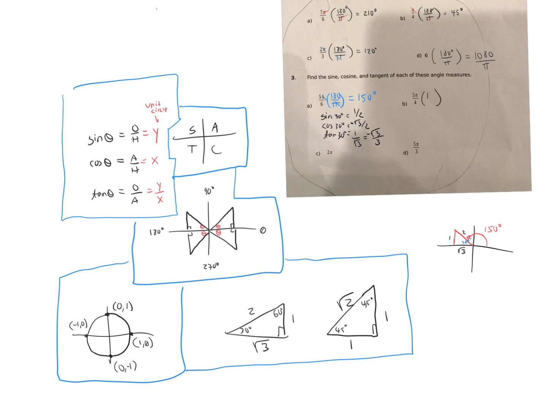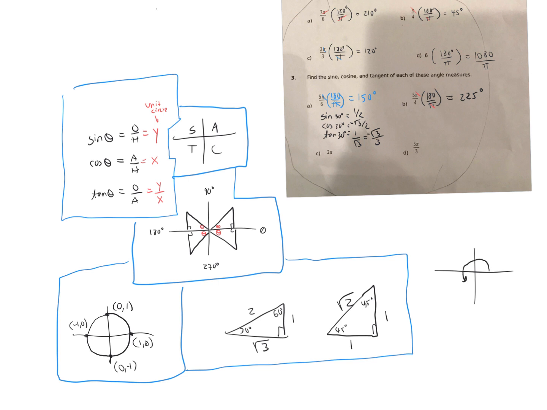So looking at 3b, let's convert that to degrees. We're looking at 180 over pi. We have the pi's getting canceled, and that's going to be equal to 225, okay? So which quadrant are we in that case? Well, we would be down here, right?